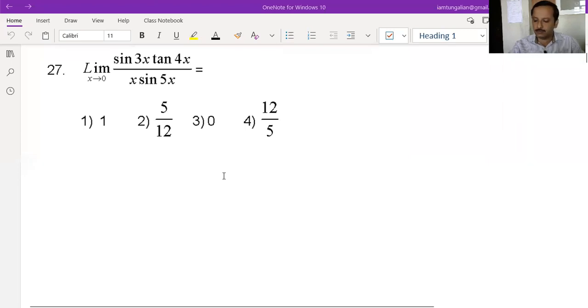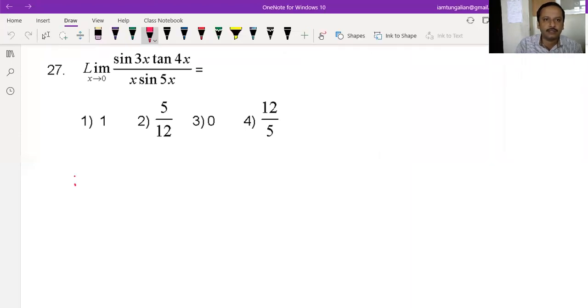Okay. So, let's continue from where we left in last class. Let's have a look at question number 27. Limit x extends to 0, sine 3x tan 4x divided by x into sine 5x. Here we have sine 3x.